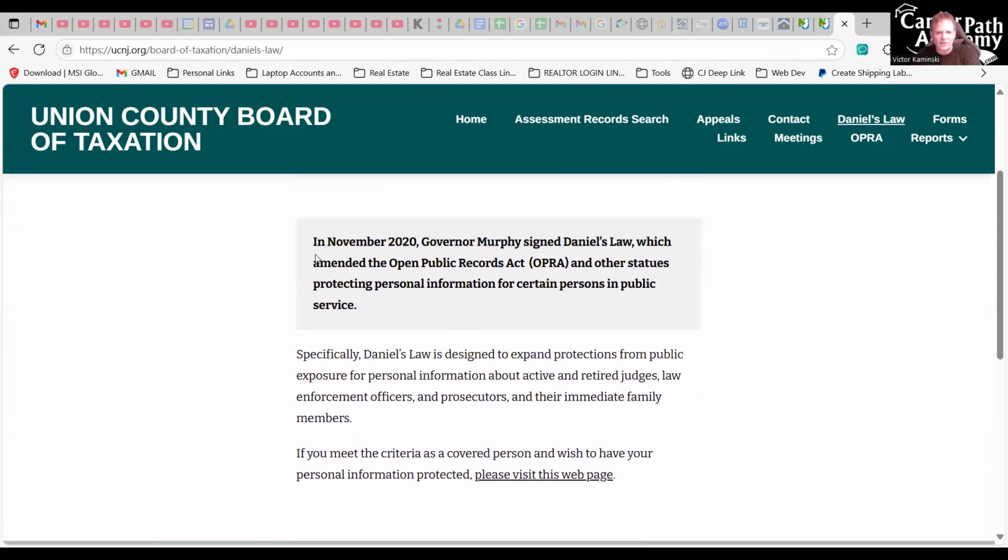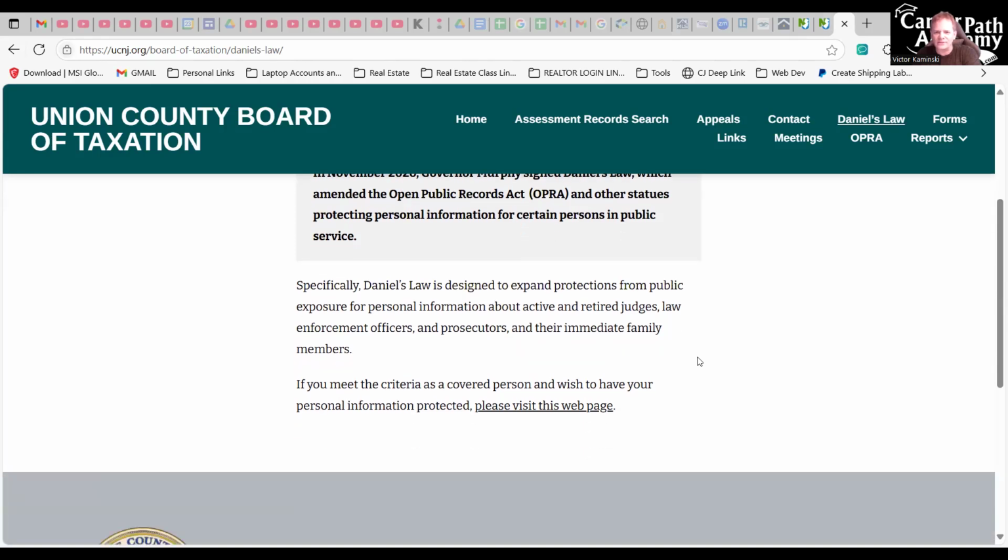They have an explanation. In November 2020, Governor Murphy signed Daniel's Law, which amended the Open Public Records Act, OPRA, where people were making public requests to get information of where people live and such like that. Specifically, Daniel's Law is designed to expand protections from public exposure for personal information about active and retired judges, law enforcement officers, and prosecutors and their immediate families.